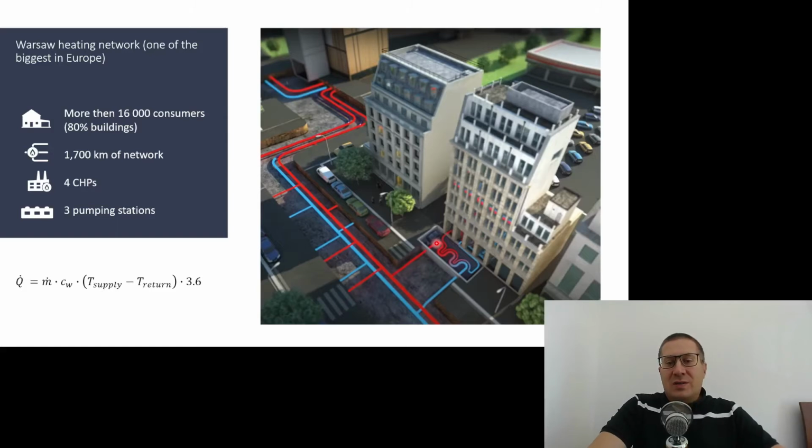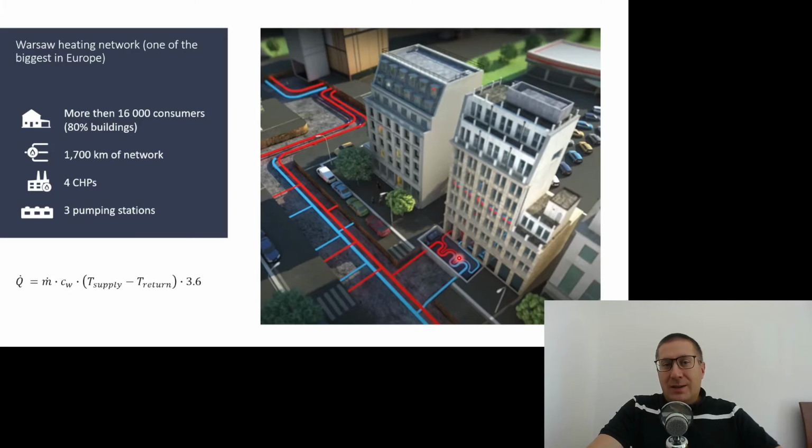And of course, if we want to have the water flow, there must be a pressure drop in such a heat exchanger in the building, right? So we must push the water to have this flow, and we can do it using pumps.